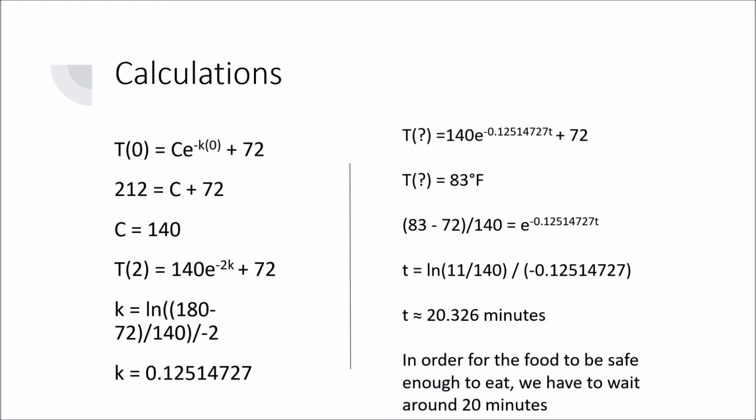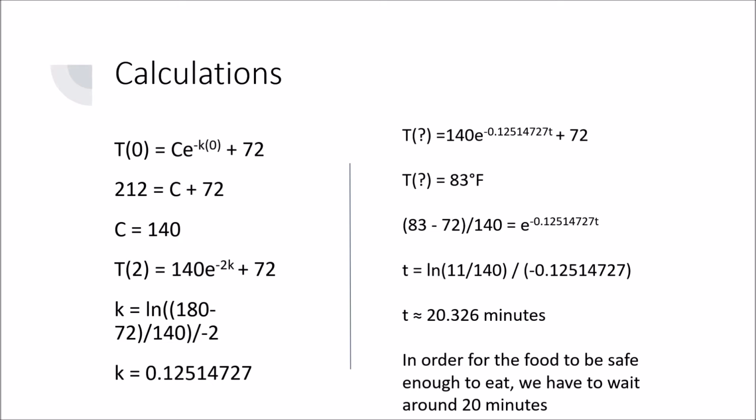Next we would solve for k. So we plug in when time is equal to 2 minutes, the temperature is 181 degrees. So when we solve it, k will equal 0.125. Next, we will solve for the time it takes to cool down to 83 degrees Fahrenheit.